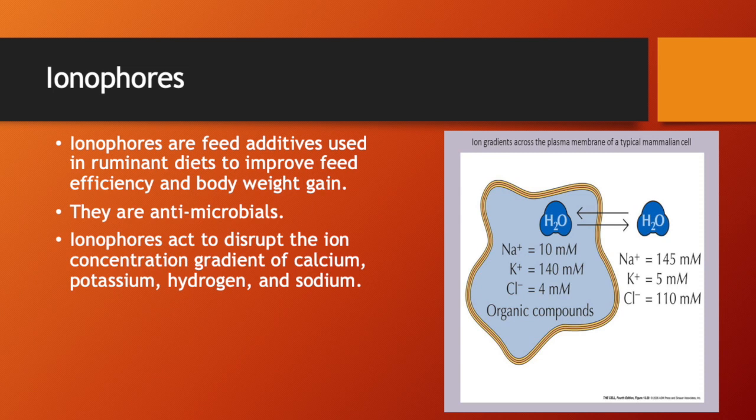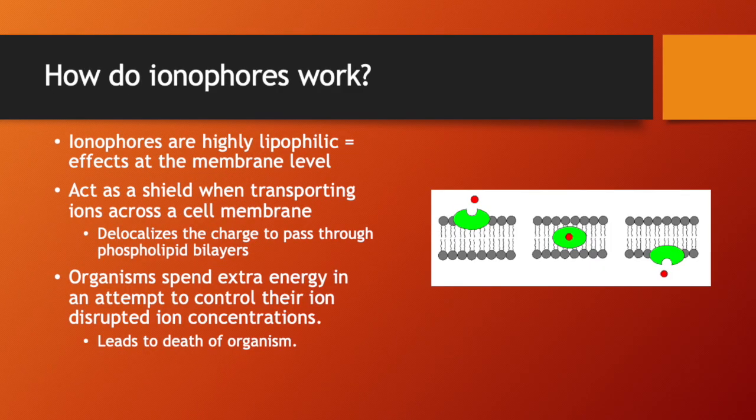The way they do this is they act to disrupt the ion concentration gradients across the cell membranes of the bacterial cells, specifically the calcium, potassium, hydrogen, and sodium concentration gradients. The picture to the right is just a little illustration about how they might disrupt the ion concentrations, but this is a mammalian cell.